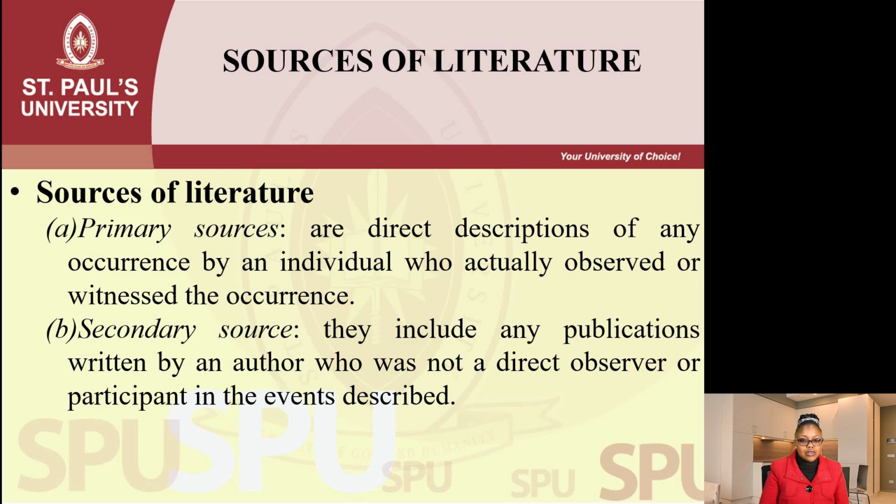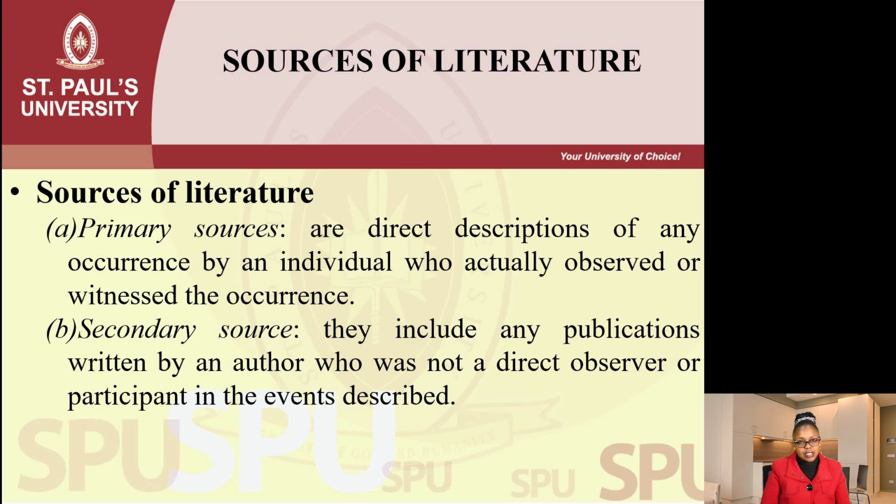So what are the sources of literature? There are two: primary source and secondary source. We are saying primary sources are direct descriptions of any occurrence by an individual who actually observed or witnessed the occurrence. Primary source, just like the name suggests, is something that you have witnessed as an individual. It is not reported.